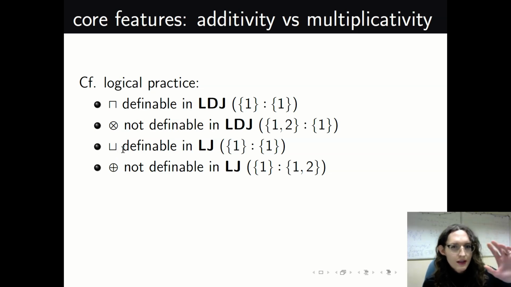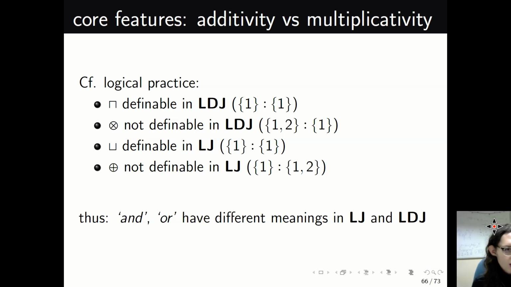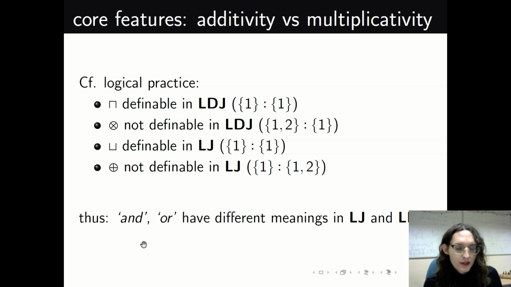So in each case, and and or have different meanings in LJ and LDJ, right? Because one includes one aspect of meaning, the other excludes. And and or are semantically, or meaning, incompatible in our inference behavior semantics.